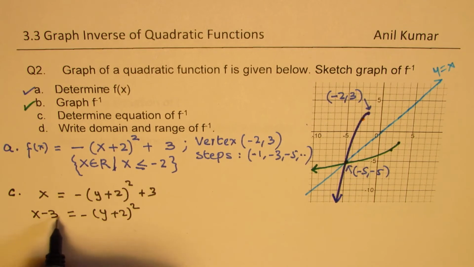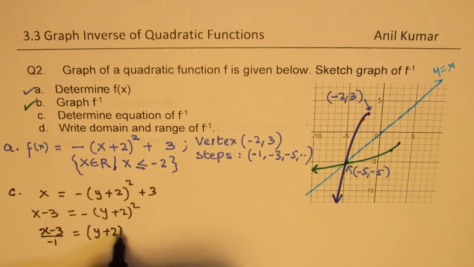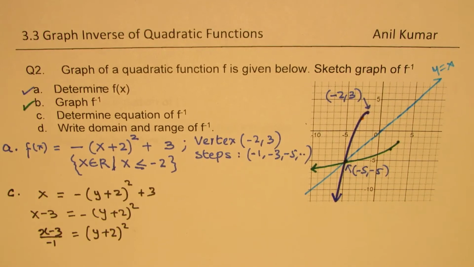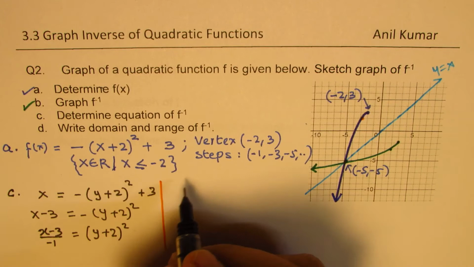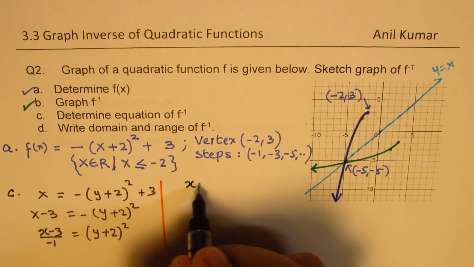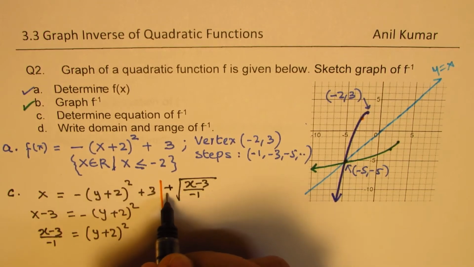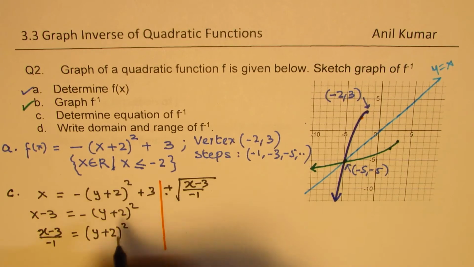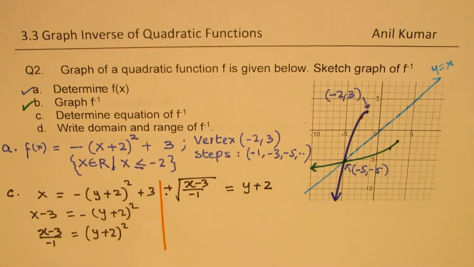So we could actually swap this, but I'm writing this as minus 1 here, equals to y plus 2 whole square, and then we'll do square root, right? So we get x minus 3 over minus 1 square root. Whenever you do square root, you have to write plus and minus. Okay. Now, here is a catch. Let me complete this step as y plus 2.